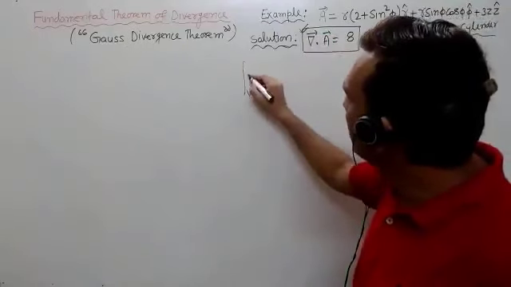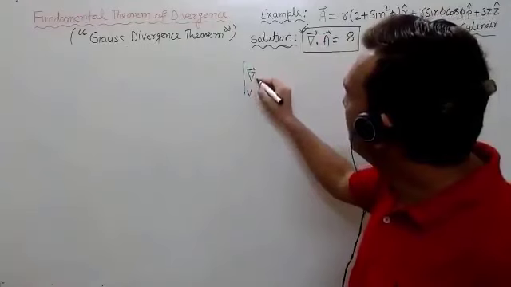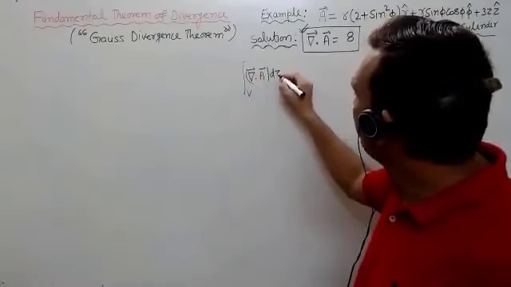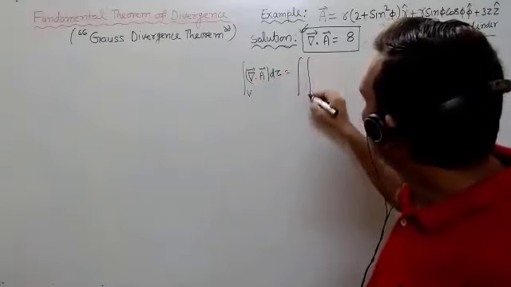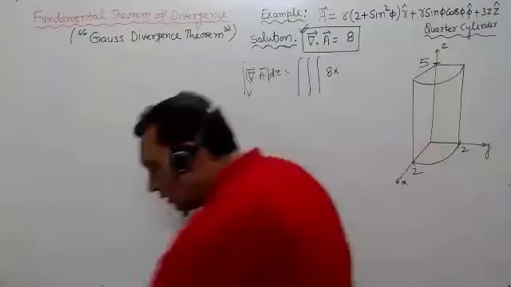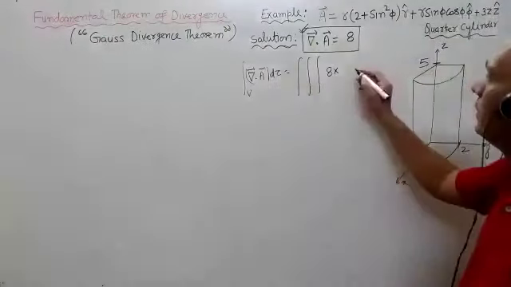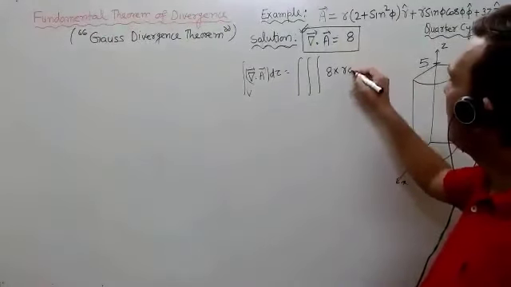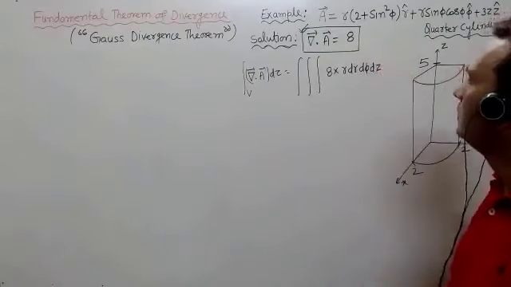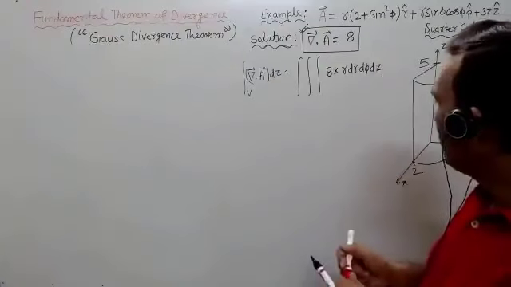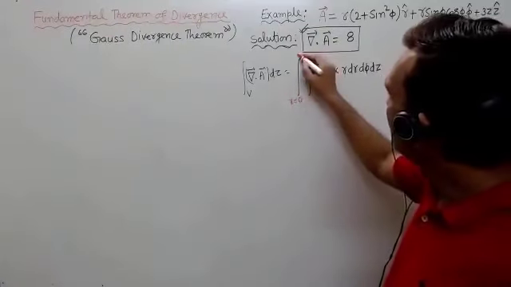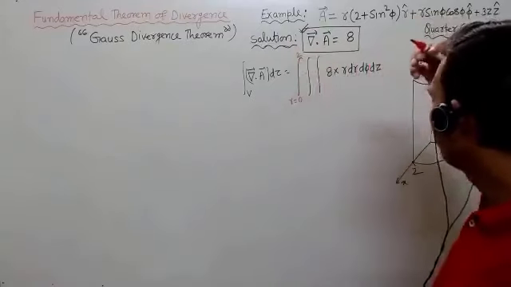So volume integral of divergence of A d tau. So this will give you, now you have a triple integral R. And what is d tau in cylindrical coordinate? Yes, R dr d phi dz. And what will be limit in this case? R varies from 0 to 2.